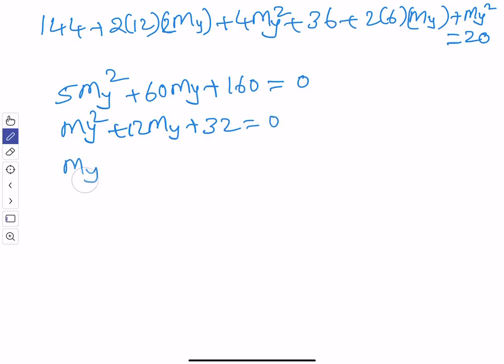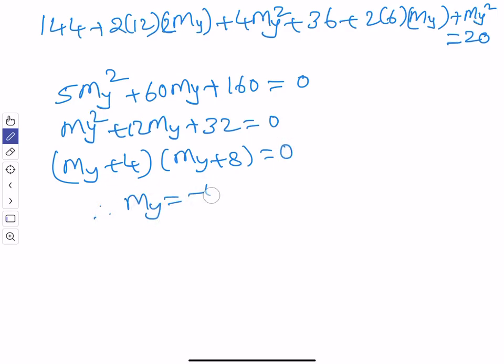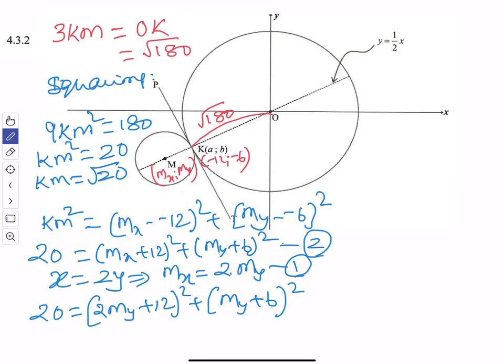Therefore, I can factorize: (My plus 4)(My plus 8). I got My equal to negative 4 or My equal to negative 8. Now let's look at this very carefully.